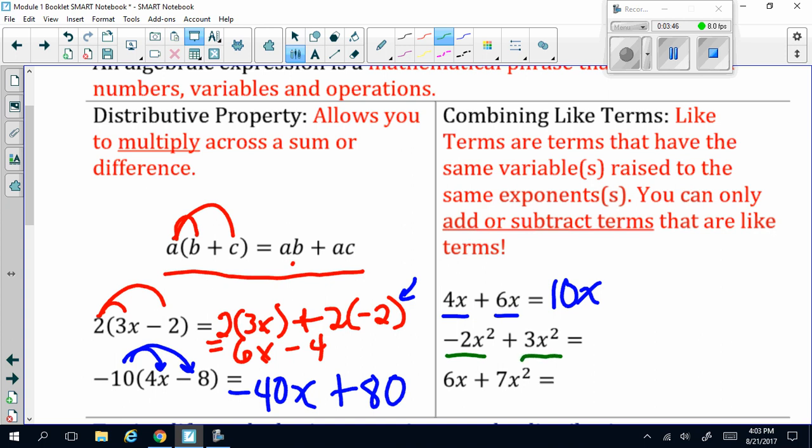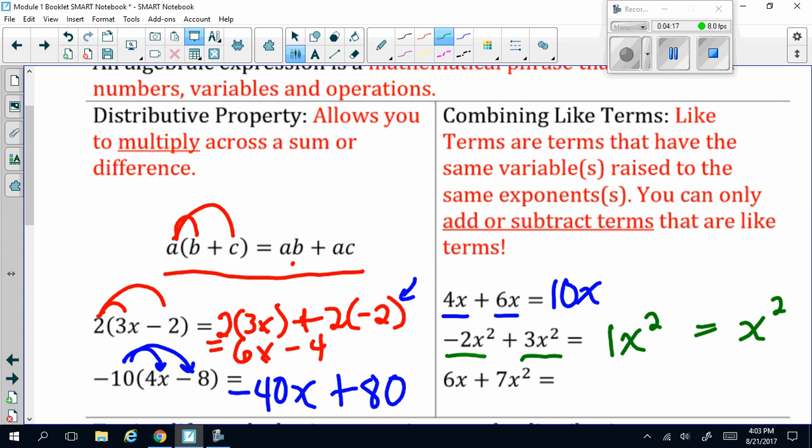They both have x squared, x raised to the second power, so I can combine them. Negative 2 plus 3. Signs are different, so I subtract. 3 minus 2 is 1, and keep the sign of the larger, so positive. The x squared stays x squared. If you just wrote x squared, you didn't put the 1 there, that's fine too. When your coefficient is 1, we do not have to write it.